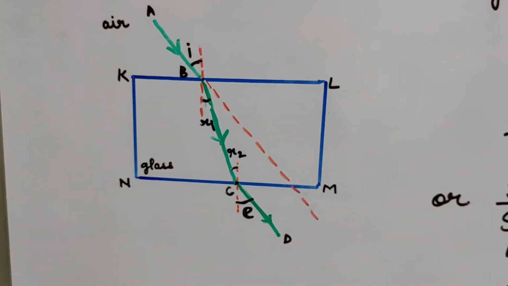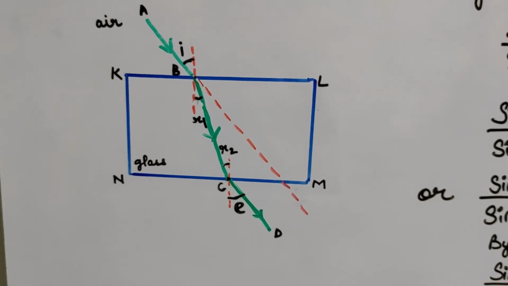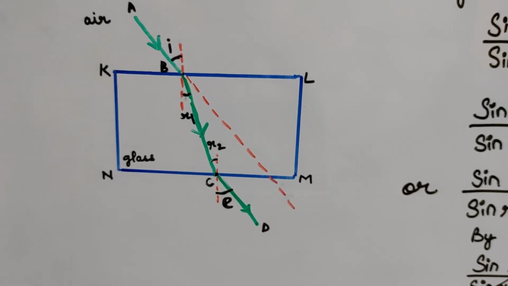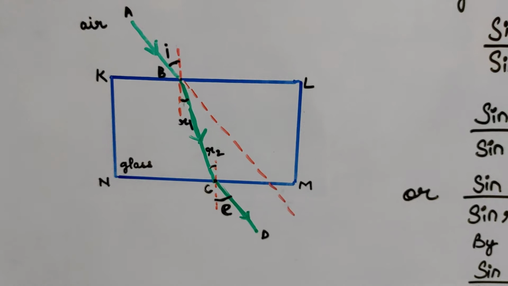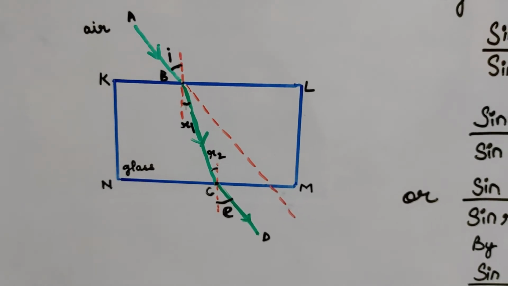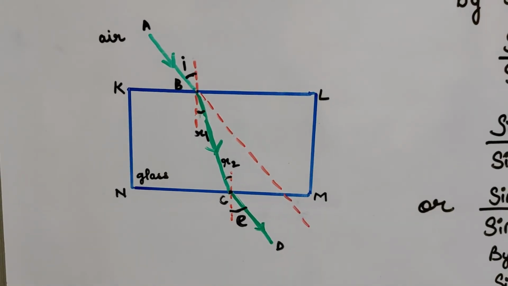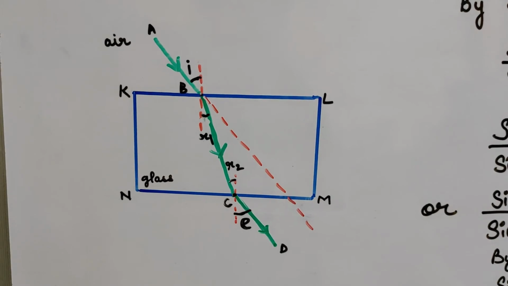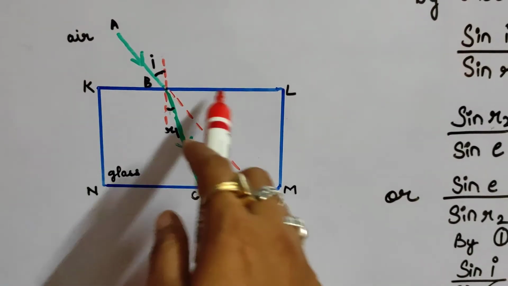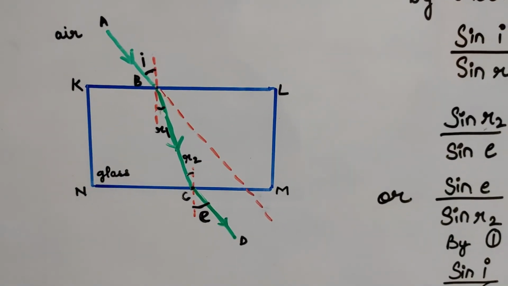This means that the angle of emergence e at the second boundary MN of the glass slab is equal to the angle of incidence i at the first boundary KL of the glass slab.